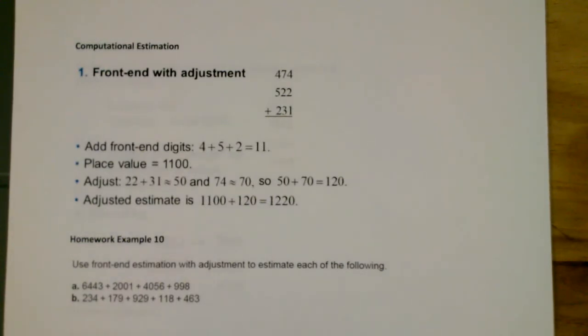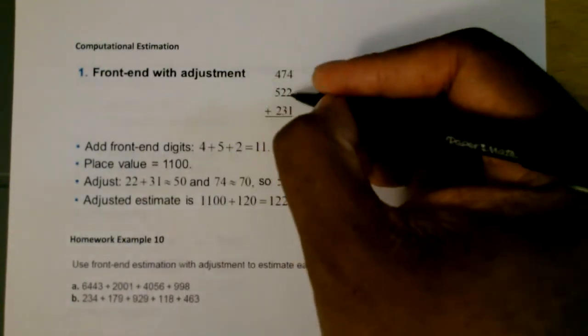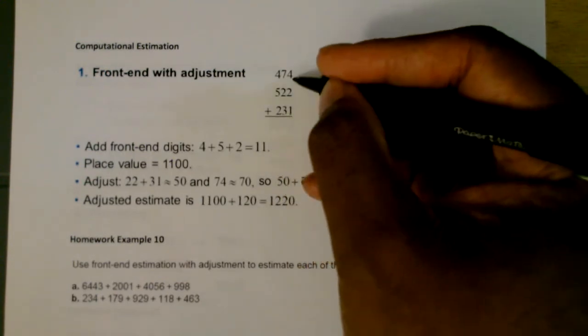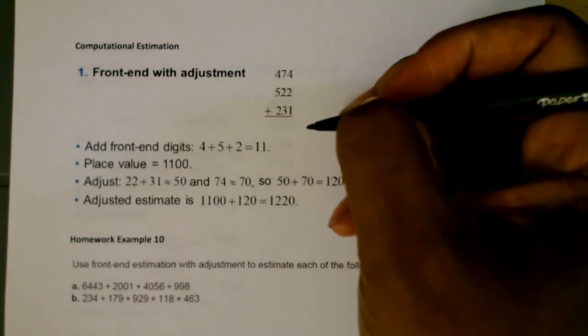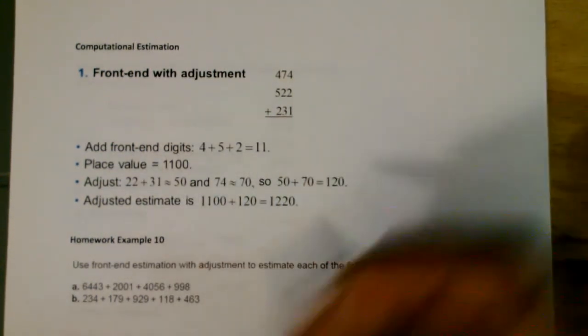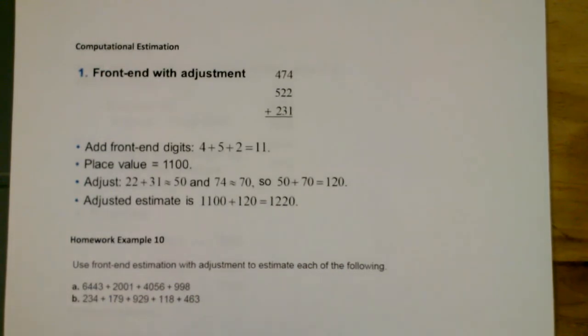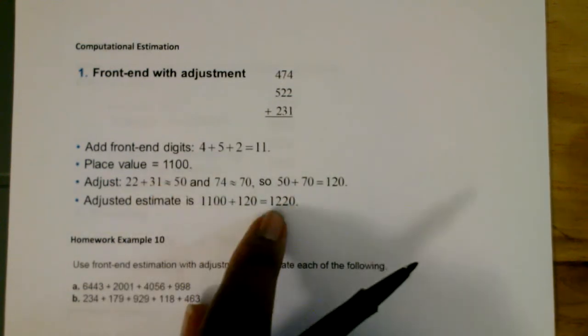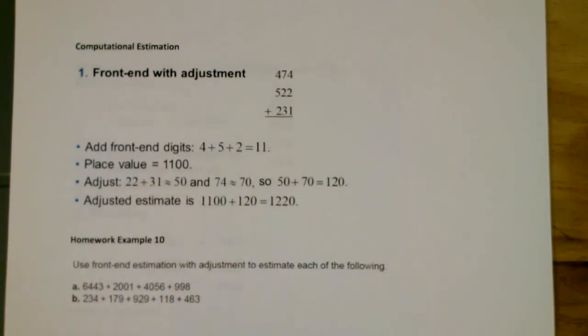And then adjust, like 22 and 31, that's approximately 50. And then 74 is going to be approximately 70. So 50 plus 70 will be 120. And then the adjusted estimate would be the sum of 1100 and 120, which would give you approximately 1220. So that's how we use the front end with adjustment approach.